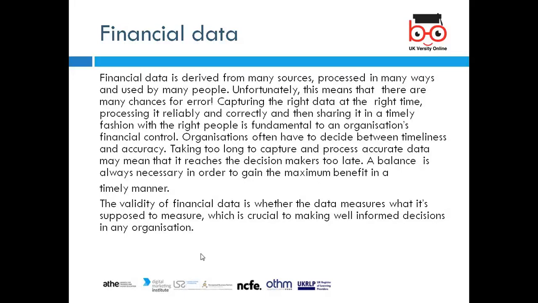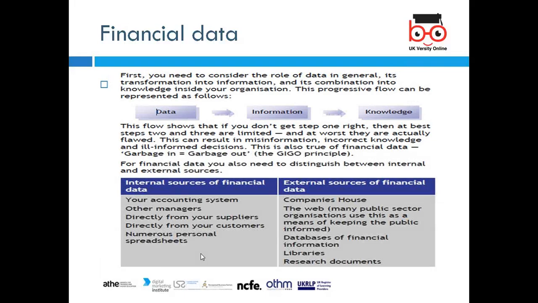We can look at how much budget we have and how much we spent. So data, information, and knowledge. Internal sources of data: your accounting internally within our organization, like a financial management system in place in our organization.